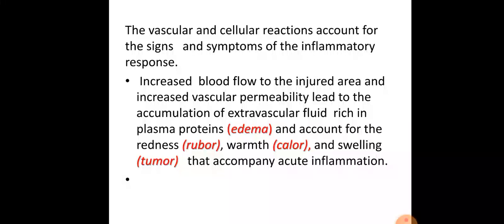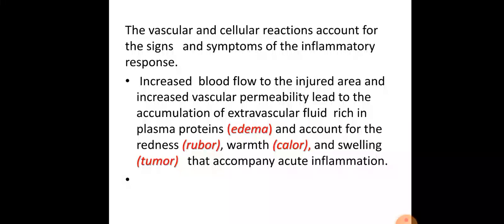As mentioned in the previous lectures, especially the first and second lectures, the vascular and cellular events that occur in the acute inflammatory process may lead to the signs and symptoms of inflammation.